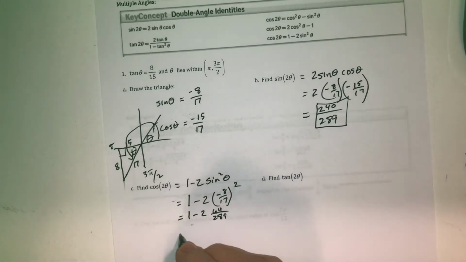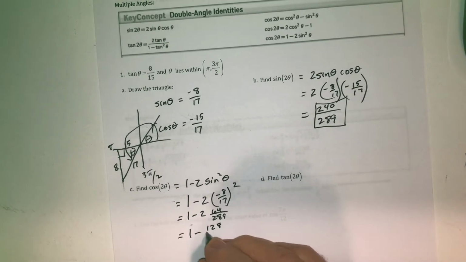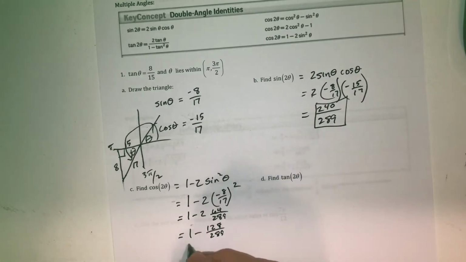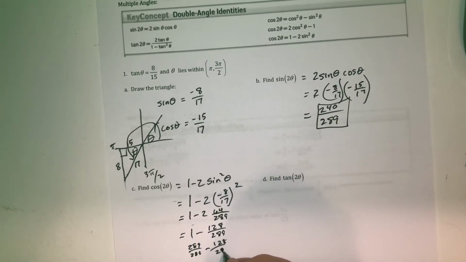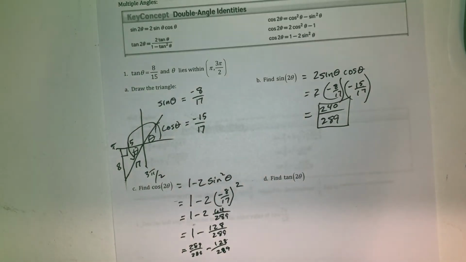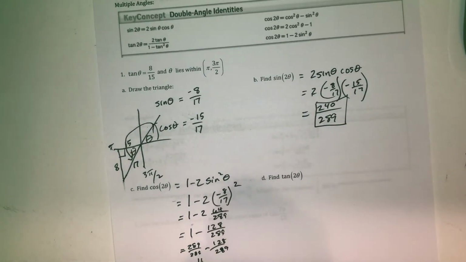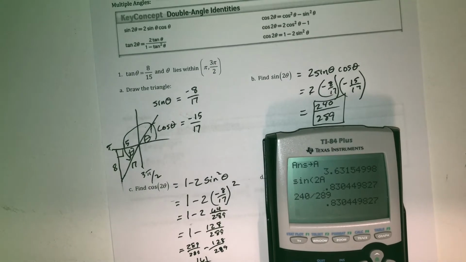So that would be equal to 1 minus 2 times 64 is 128 divided by 289. Imagine this being 289 over 289 minus 128 over 289. Oops, that's an 8. All right, and that would give us 161 over 289.